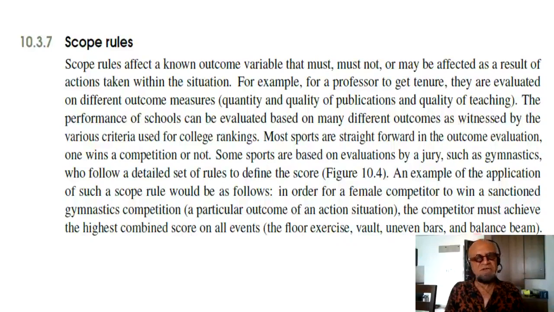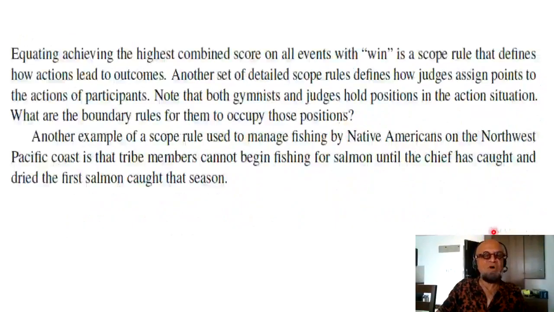Of course, in the real world, a separate person may win a gold in each event, and the overall win may go to a different person, but the person must have the maximum score when combined, and so on. So equating achieving the highest combined score on all events with a win is a scope rule that defines how actions lead to outcomes. Another set of detailed scope rules defines how judges assign points to the actions of participants.